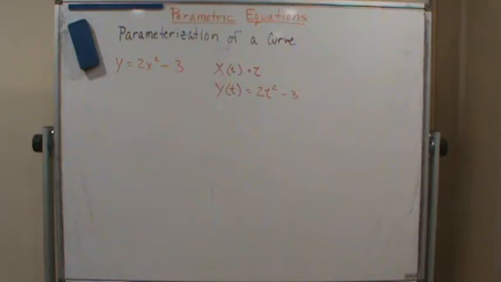Since there's no restriction on the domain of the original graph, there's no restriction on the values of t.